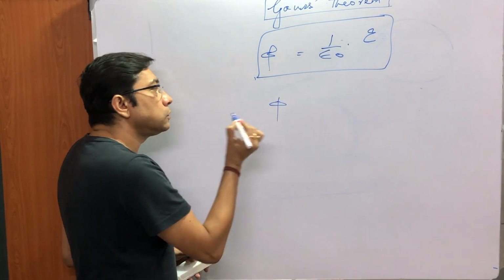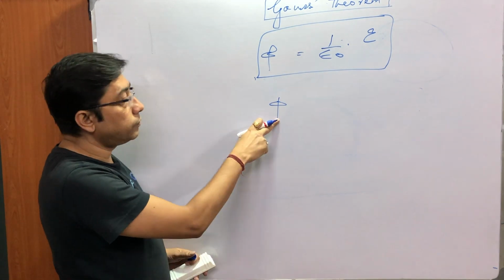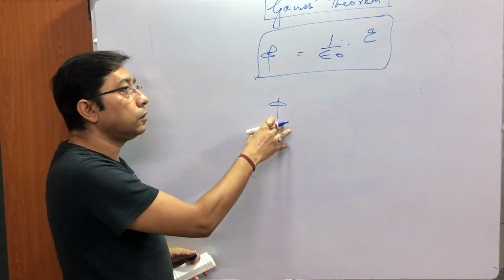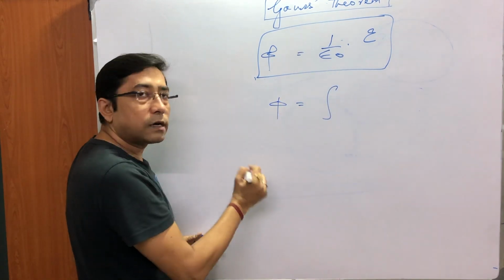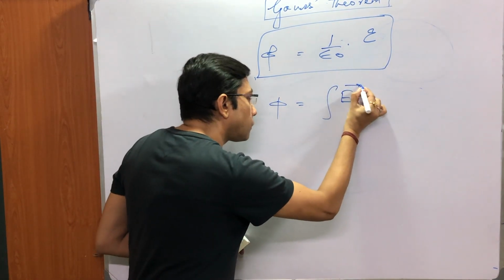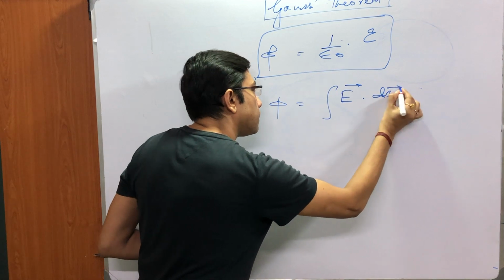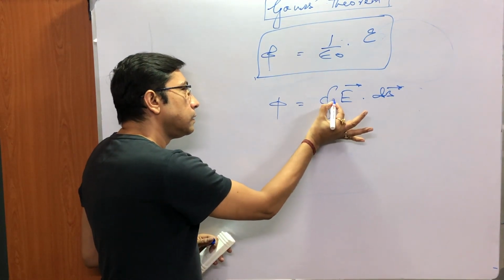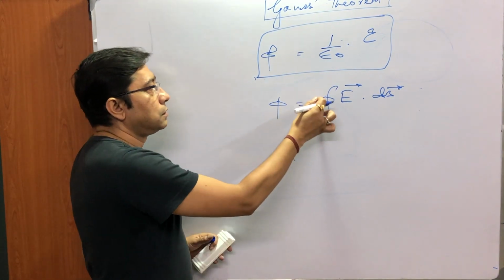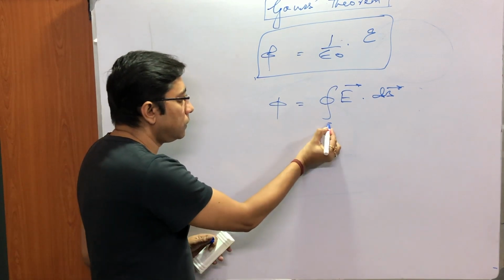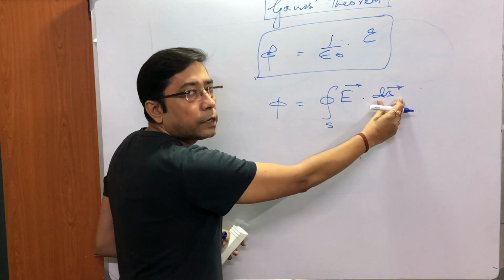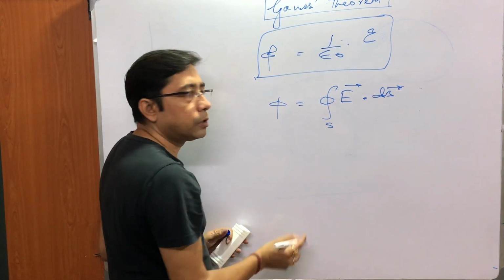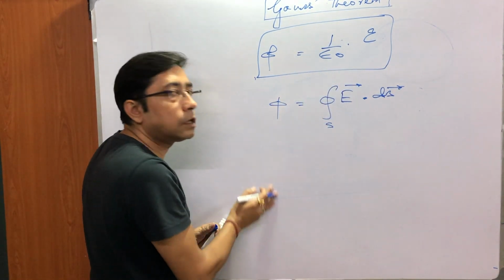We also learned a mathematical expression, and this is not directly Gauss's theorem. Flux is the dot product of E and ds, and then I put a circle, that means surface integral. That means we integrate the electric field and small areas with dot products over the whole closed surface.